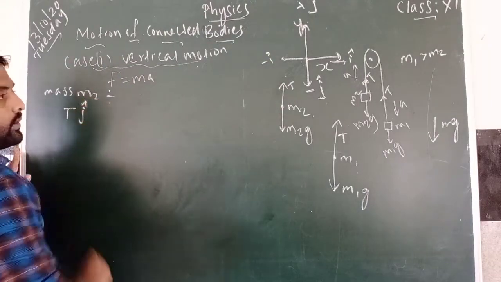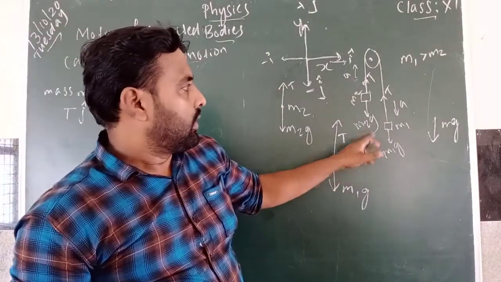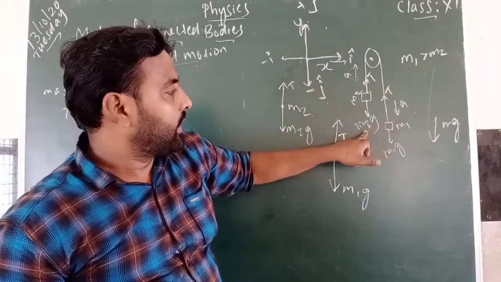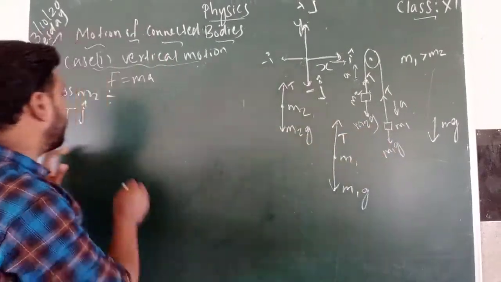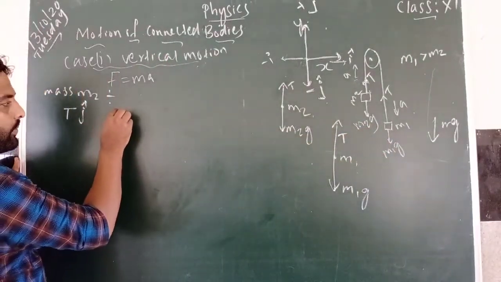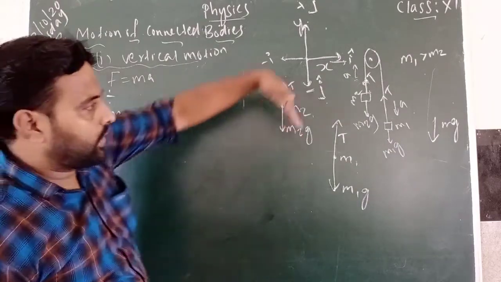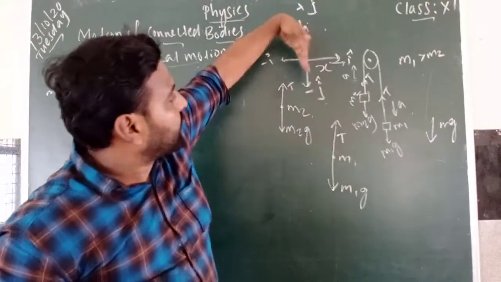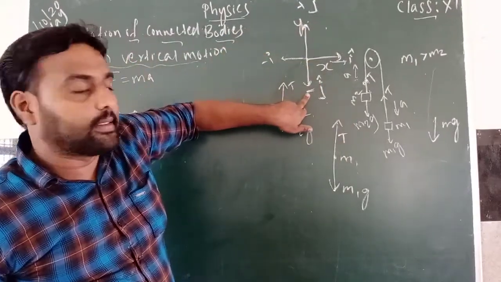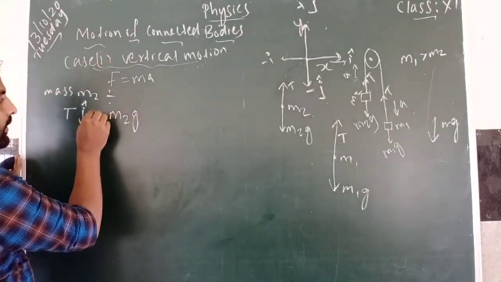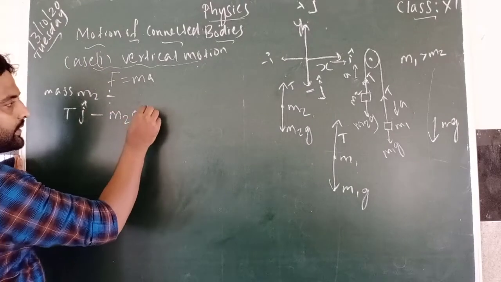Downward the force m2g acts, and downward is minus j, so minus m2g j.